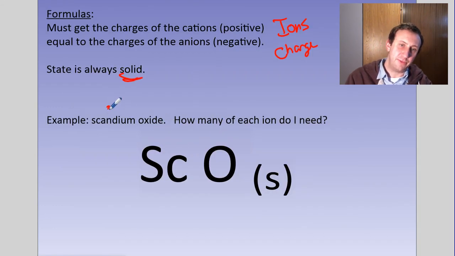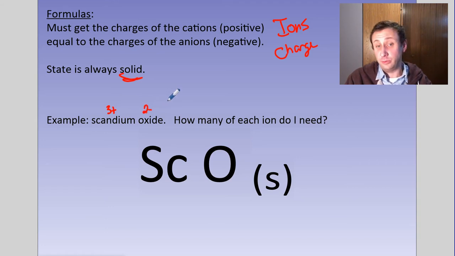So for scandium, this is a 3 positive charge, and for oxide as an ion, that's 2 negative. So what you want to be thinking about is, where do 3 and 2 meet up? Well, it meets up at 6.